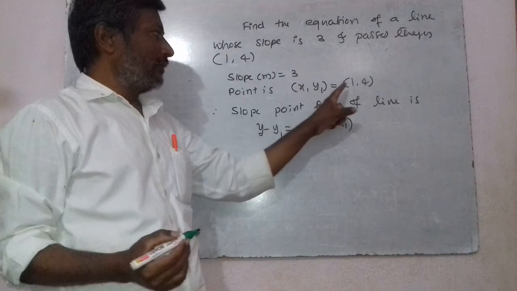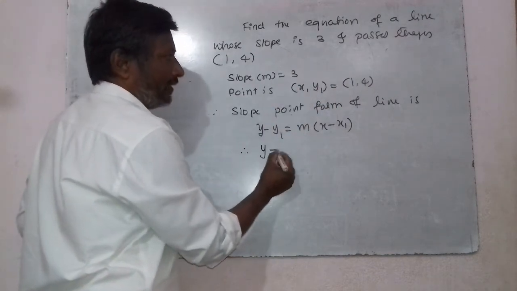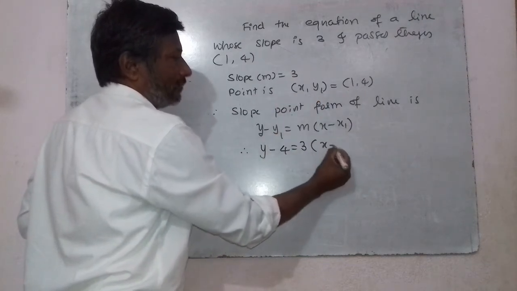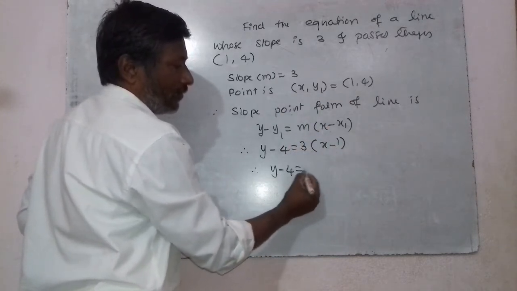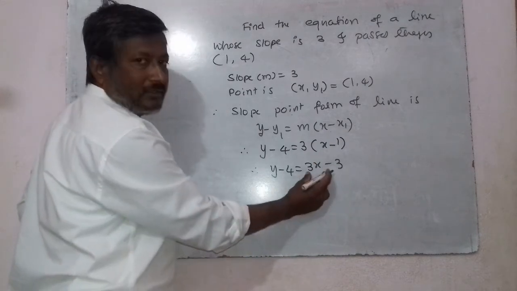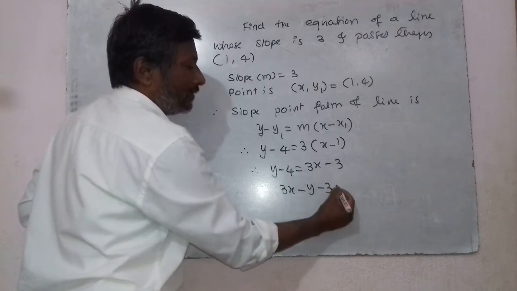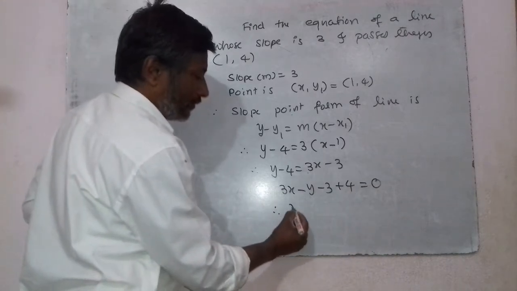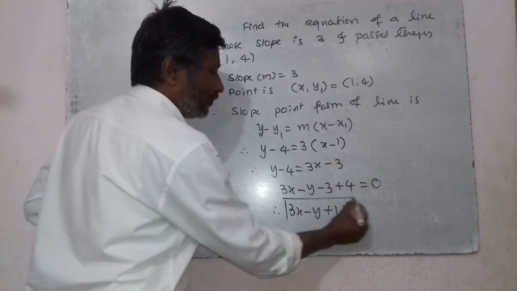So y1 is 4, m is 3, x1 is 1. Therefore y minus 4 equals 3 into x minus 1, that is 3x minus 3. So 3x is positive this side: 3x minus y minus 3, this becomes plus 4, equal to 0. Therefore 3x minus y plus 1 equal to 0.